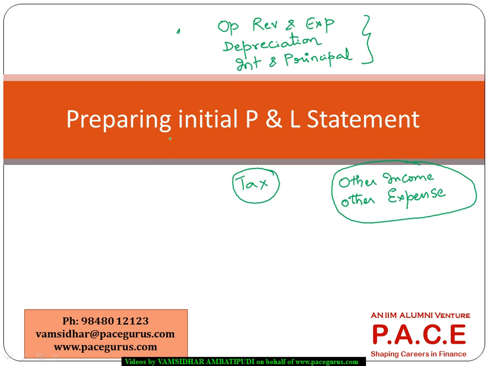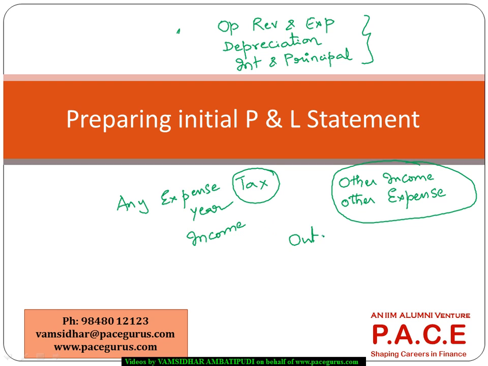I think all of you would be comfortable in saying any expense for that particular year or for that particular period, or any income exclusively dedicated towards that particular period, will go into the profit and loss statement.